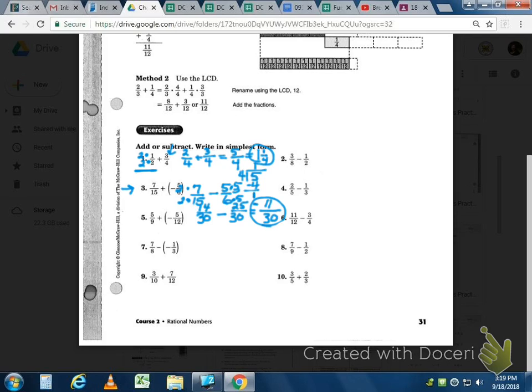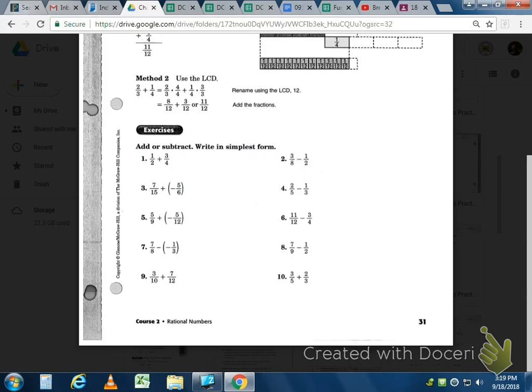I'm going to erase some of this so that I can move on to number 5. Number 5. 5/9 plus -5/12. Again, double sign in the middle. We don't deal with that. So you need to rewrite the problem right off the bat. So I'm going to put 5/9 minus 5/12.